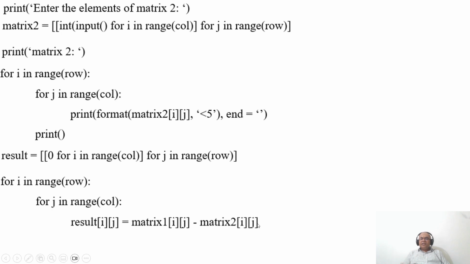What does it mean? It is the 0th row and the 0th column of the first matrix subtracting the matrix 2 of the 0th row and the 0th column. So I am subtracting each element of the rows and columns of the first matrix with the corresponding row and corresponding column of matrix 2. That is the meaning of this.